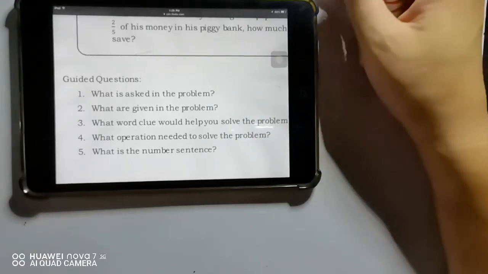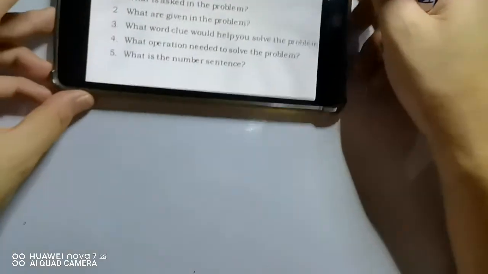Okay, so in answering that, actually a new strategy being developed is what they call the UPS.